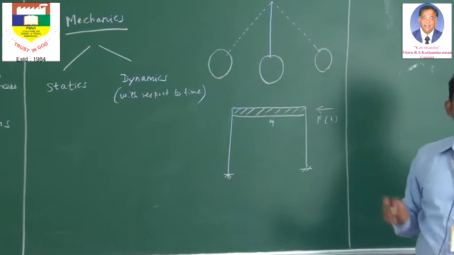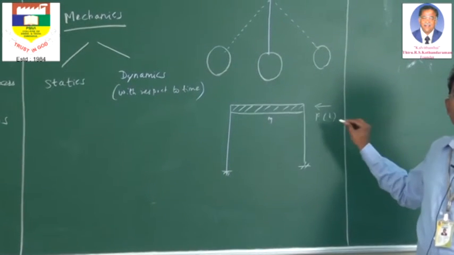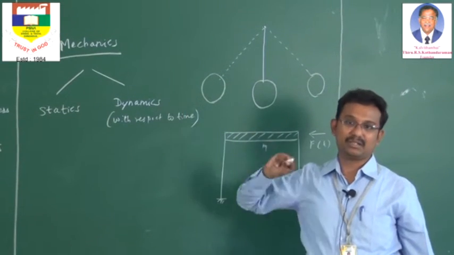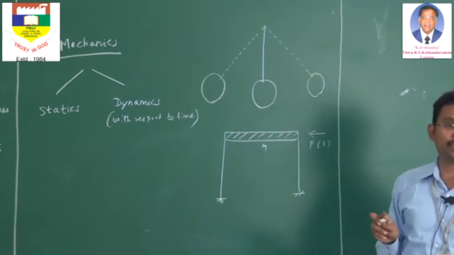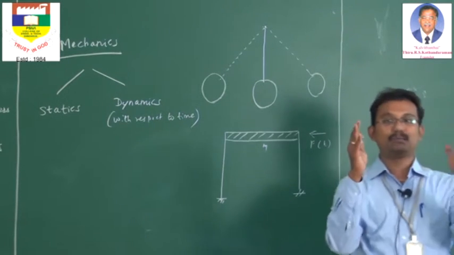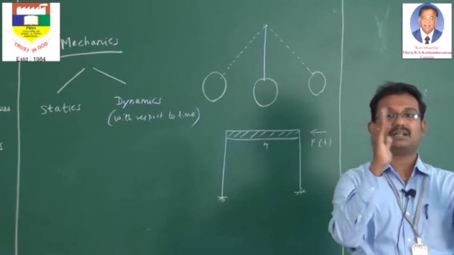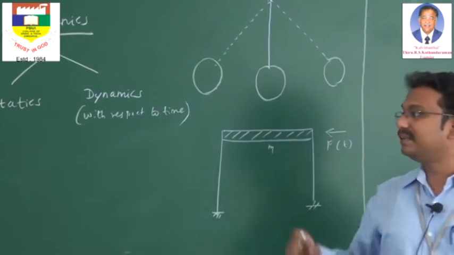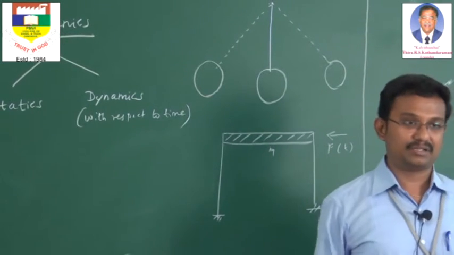Why am I referring here as f of t? Because this force is going to vary with respect to time. That is what we have defined here in dynamics. So if the external force is continuously acting, what will happen to that portal frame? The portal frame will be under vibration like this. So the vibration repeats periodically and it is a good example of a forced vibration.